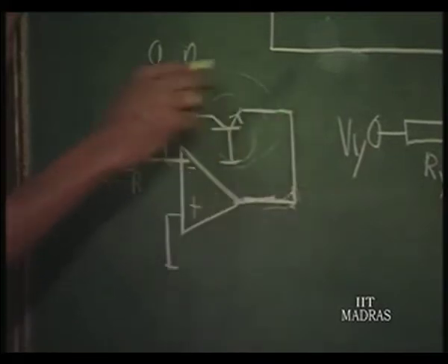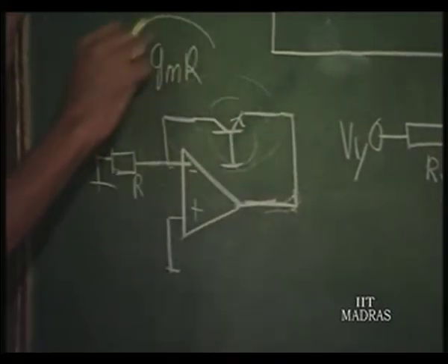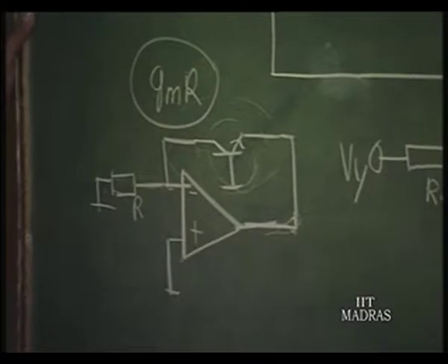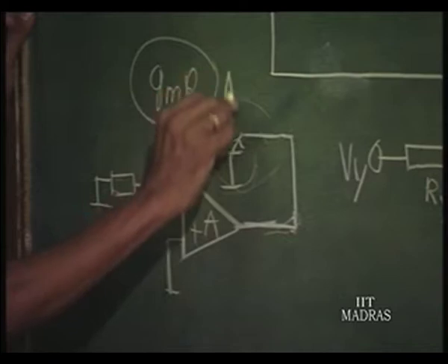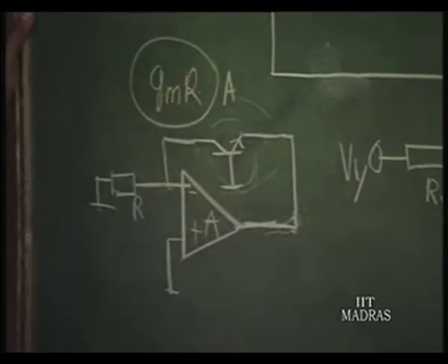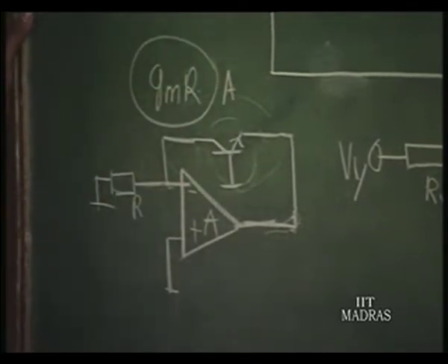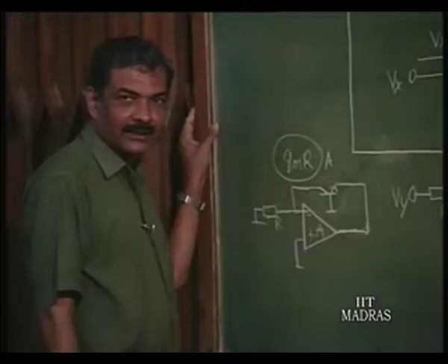Therefore, this is a negative feedback with feedback factor itself equal to Gm into R. If the amplifier gain is A naught, then A naught into Gm into R should be less than 1 when the phase shift of A is equal to 180 degrees. That is the condition for frequency compensation, otherwise it will go into oscillation.